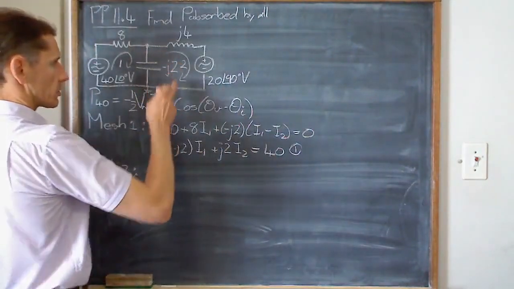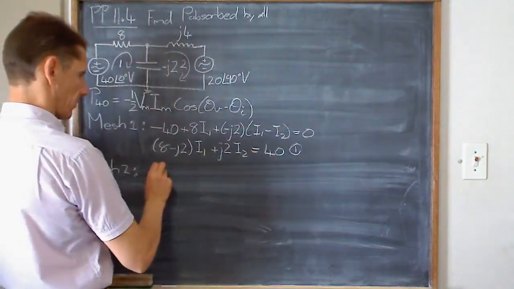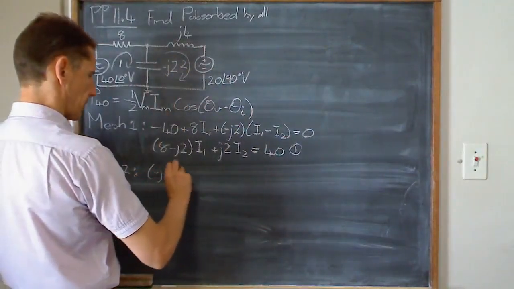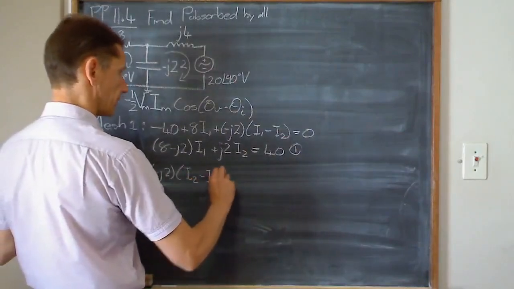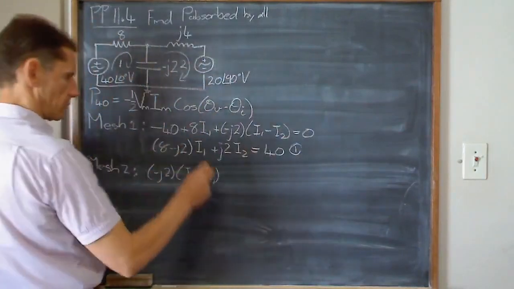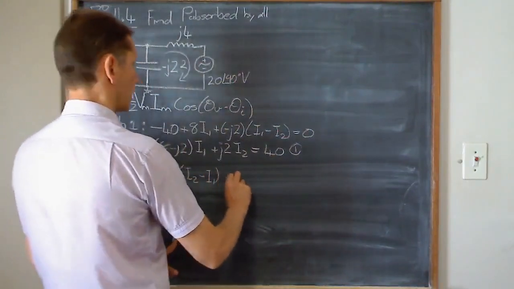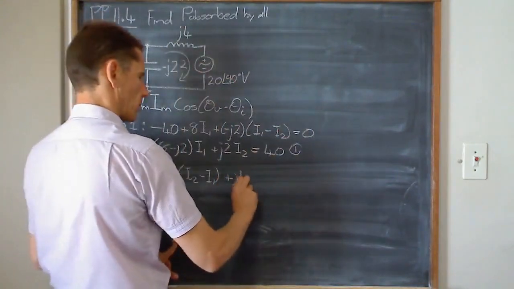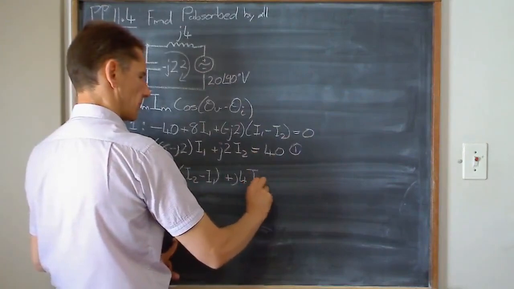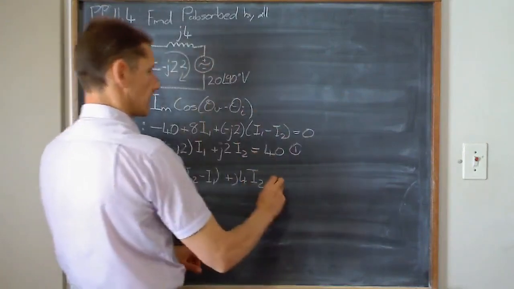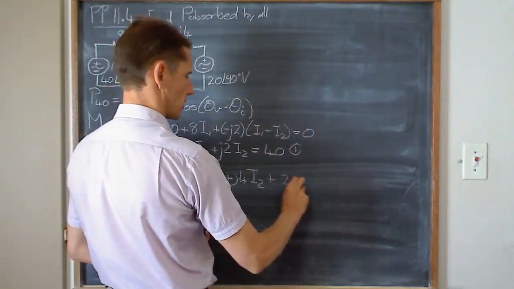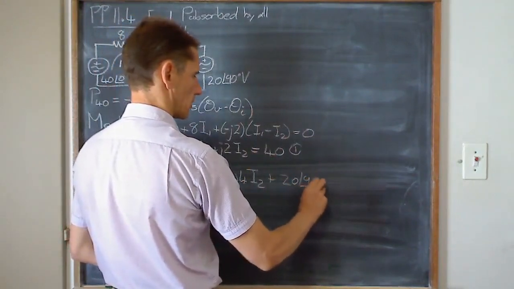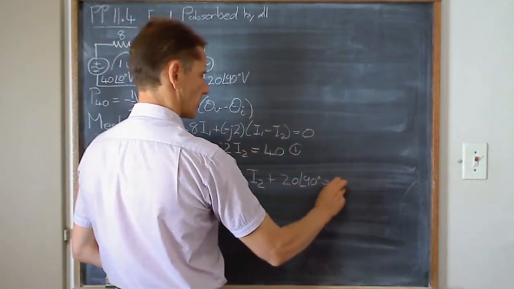Let's start with the capacitor. So there I've got again the minus J2 capacitor, but now it becomes I2 minus I1 because I'm in the other loop. Then plus, we're going through the J4, and it's only I2 that flows through the inductor. And then we're entering the positive of that 20, so it's plus 20 angle 90 degrees must equal 0.